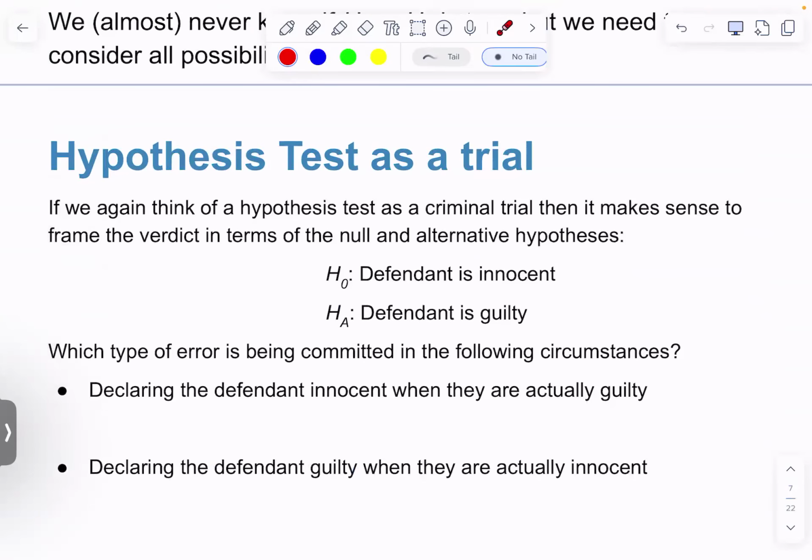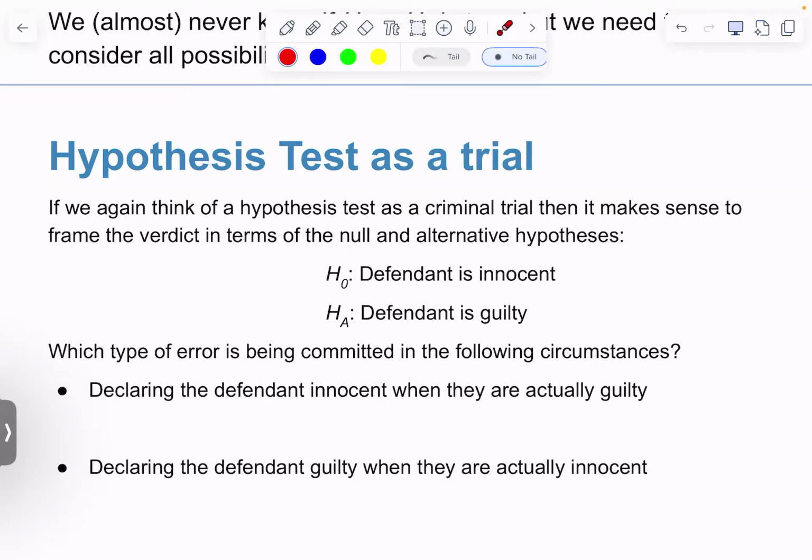So what we can do is we can talk about our null hypothesis as, okay, the defendant is innocent, right? Innocent until proven guilty. And that's the case for all our null hypotheses. We had to assume that p was 0.5 until I had a confidence interval that told me otherwise.